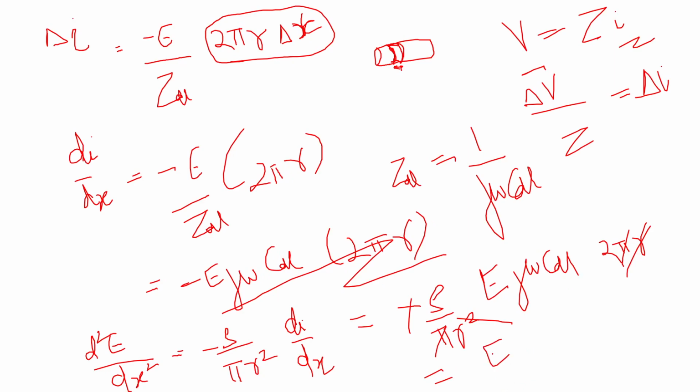You have E into j omega CDL into 2 and rho by r. There you have d square E by dx square. Right? I'll rewrite it again.